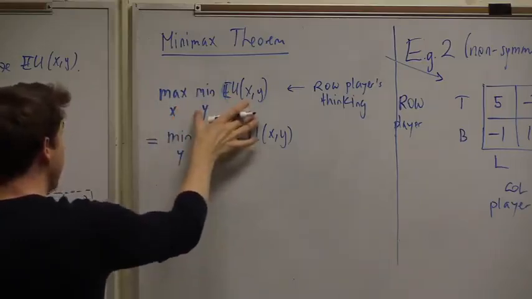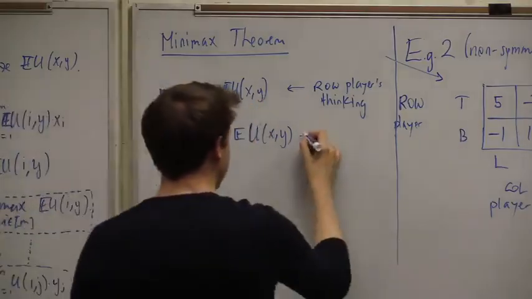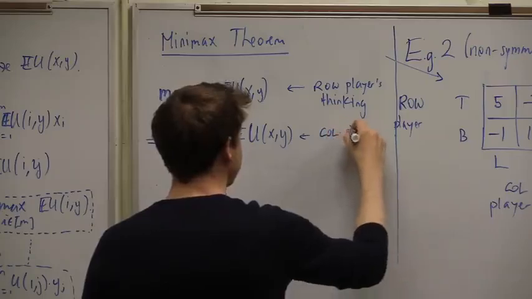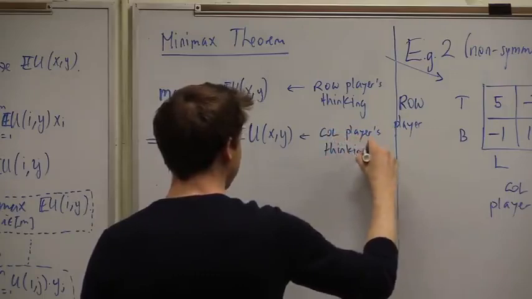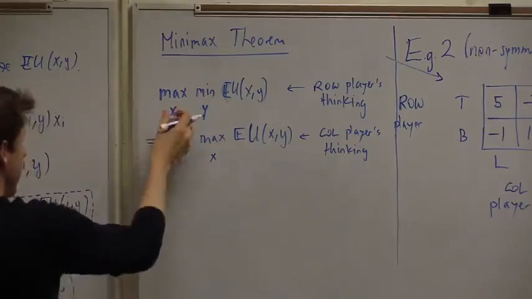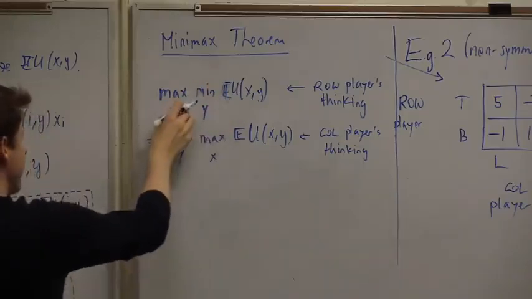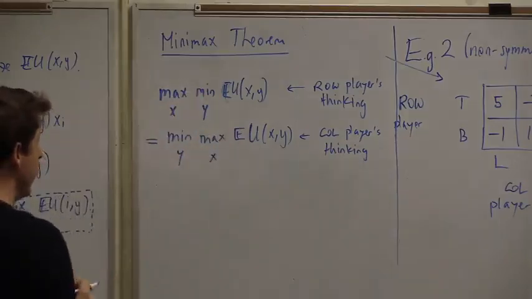Why? Because the column player is going to pick the y that minimizes the expression. And this is the column player's thinking. And the x that maximizes this expression, that's the x star, and the y that minimizes the expression is the y star, and they have the same value through this theorem.